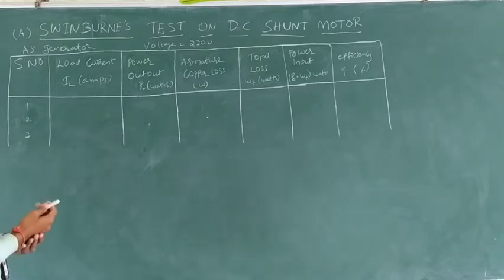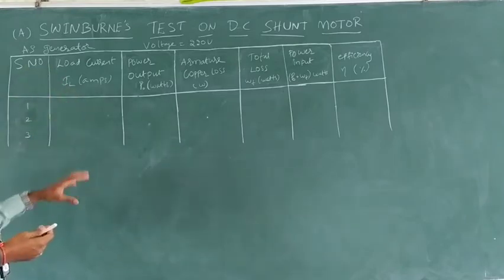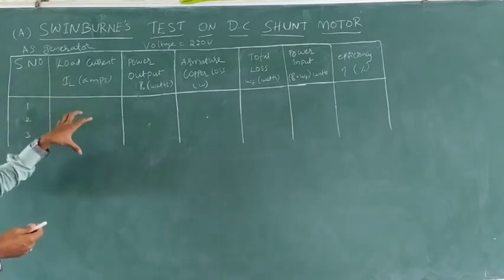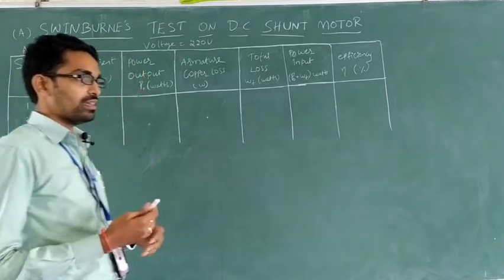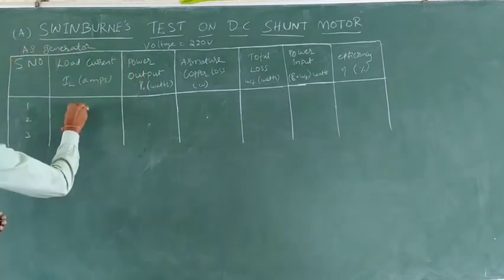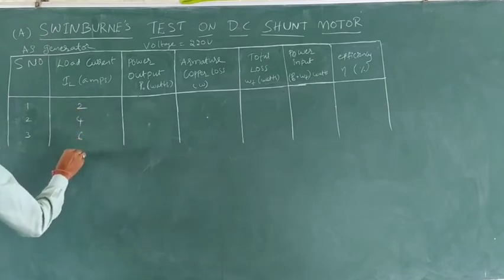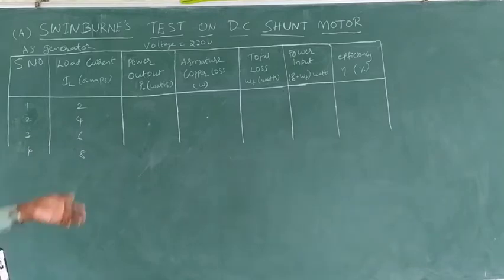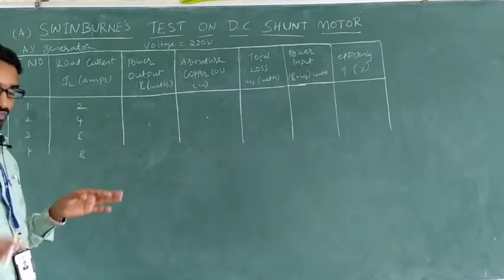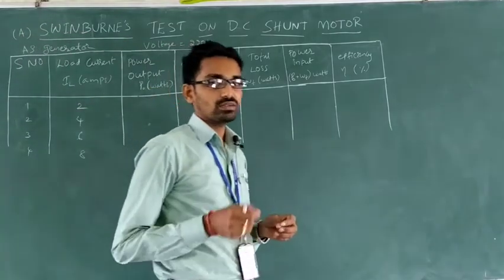To calculate the efficiency of the machine, we must first know the load current. We are not applying any load on the machine, we are just assuming the load in steps of 2, that is 2 amps, 4 amps, 6 amps, 8 amps, because we are performing the test on the machine at no load.